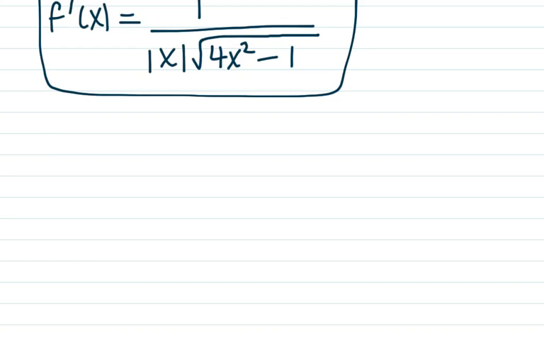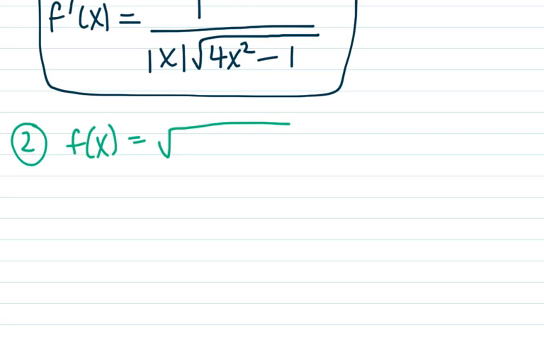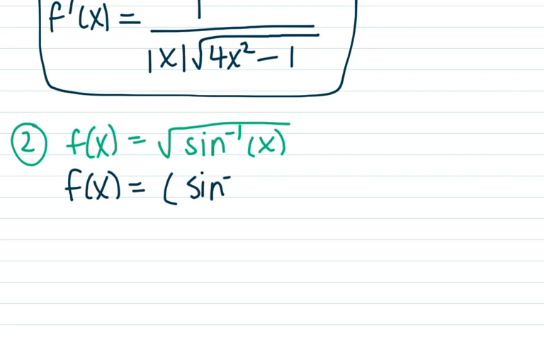For our second example, we're going to look at the function square root of inverse sine of x. This is one I would definitely rewrite first, since we're going to be using the chain rule here. So the inverse sine is the inside function, and the outside function is that square root, or power of 1/2.